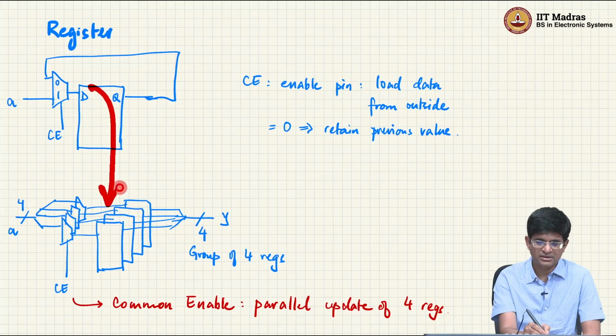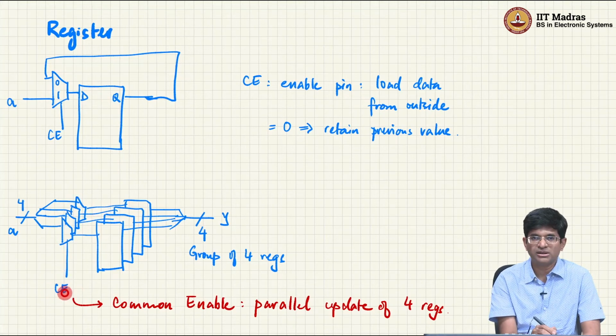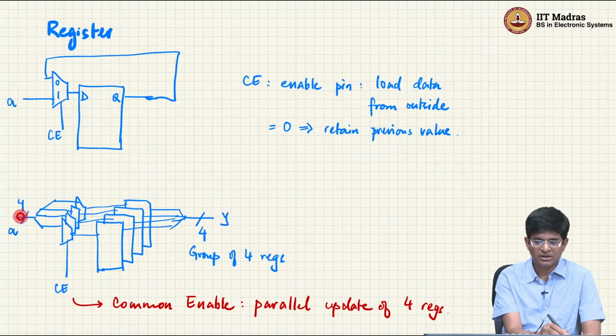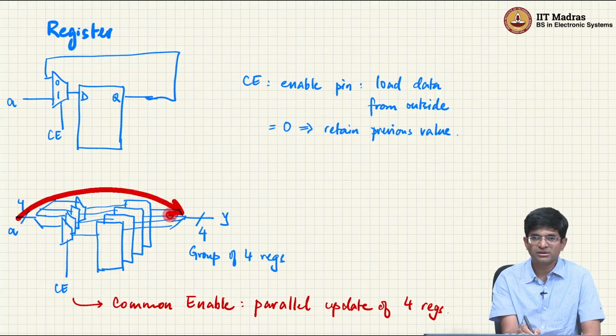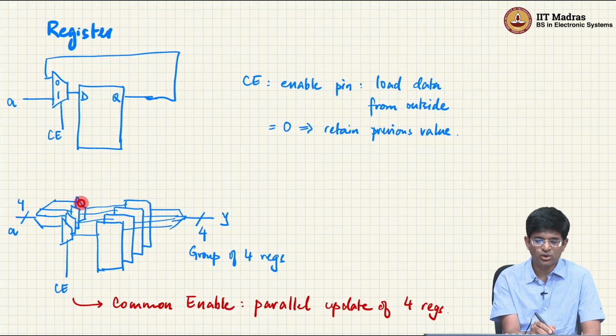So basically this is 4 copies of this feedback register out here with the muxes and so on. The interesting thing is, I put a common clock enable to all 4 of them. What that means is, whenever this enable pin becomes high, all 4 bits get copied over and stored inside this register. Whenever the enable pin is low, all 4 bits of the register remain unchanged from what they were previously.